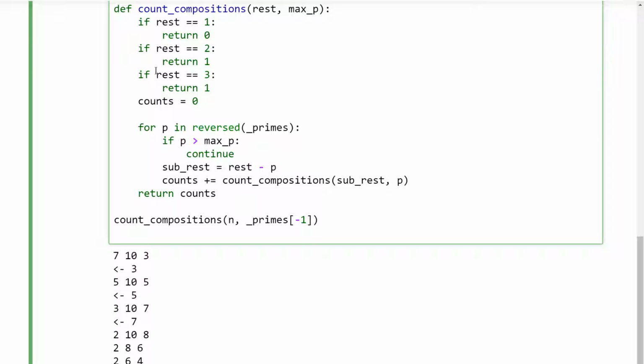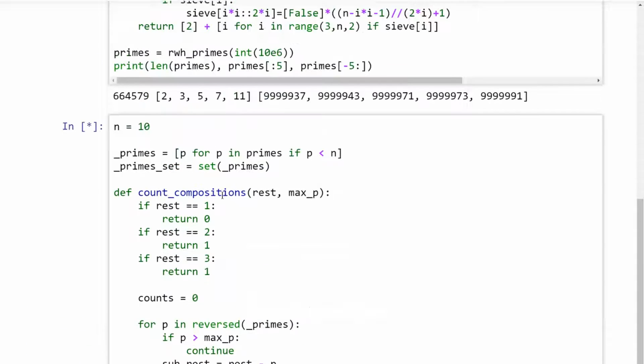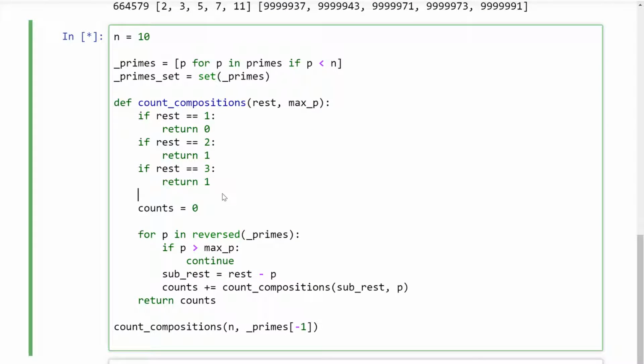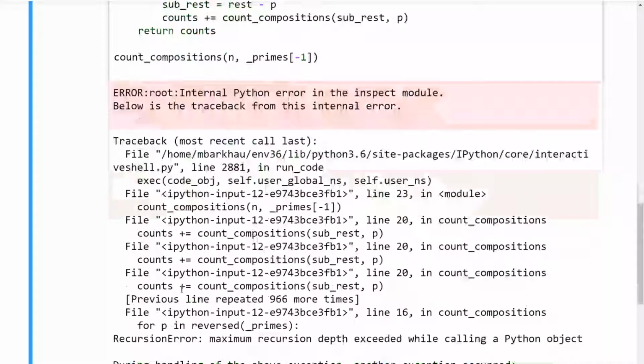Looking a little bit correct. Yeah, if the rest is prime, it means it can be decomposed into a prime. I think I have a bug. What happened here?